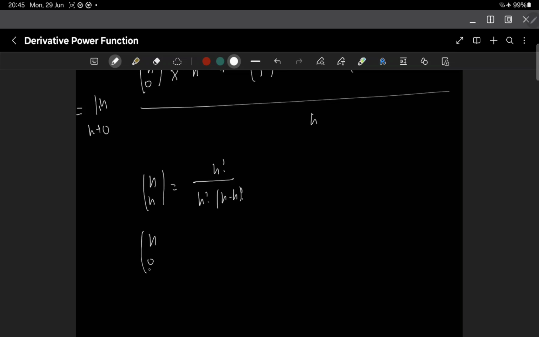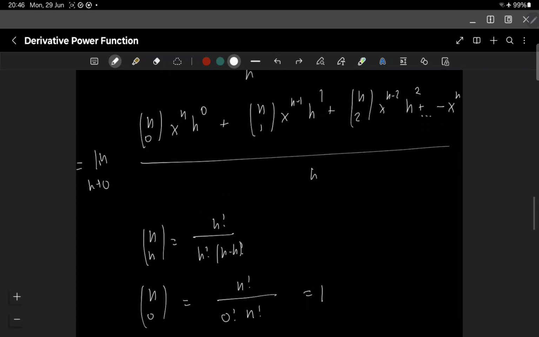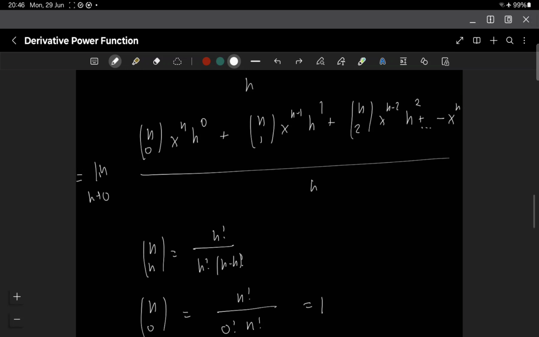So n over 0 is n factorial over 0 factorial times n factorial, and that's just equal to 1, because 0 factorial is defined to be equal to 1. There might be some reason why it's actually so, but that's beyond the scope of this video. So this is equal to 1, h to the power 0 is equal to 1, so this cancels with this.